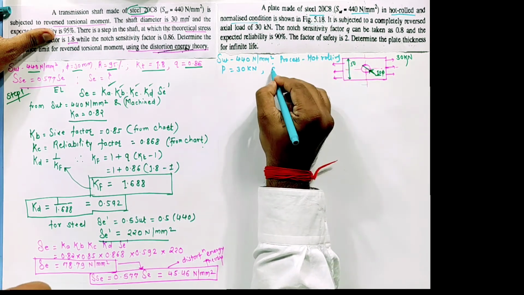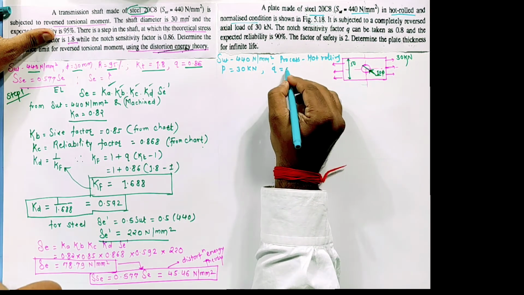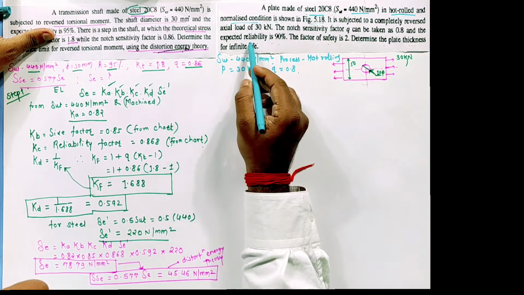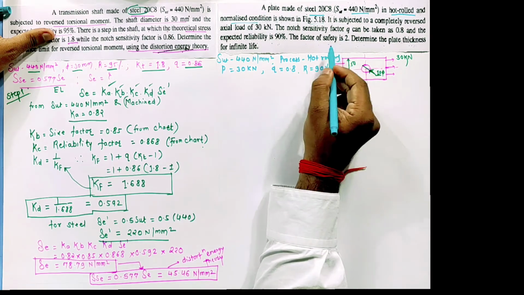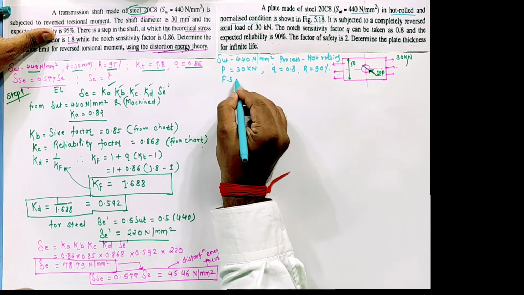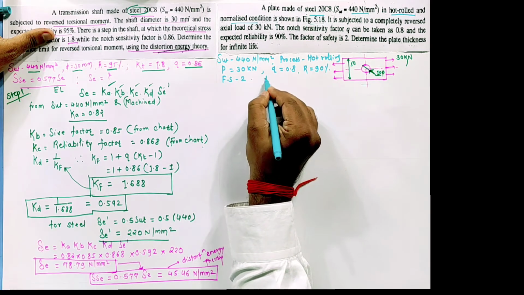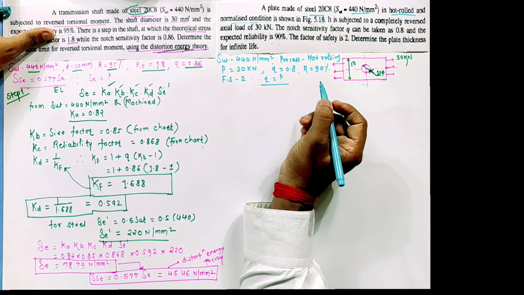The notch sensitivity factor q is 0.8 and expected reliability 90%. The factor of safety is 2. Determine plate thickness, very important.